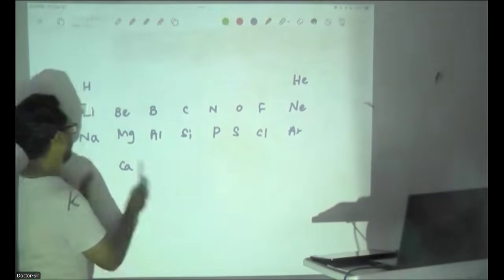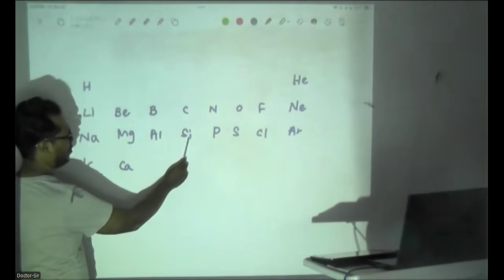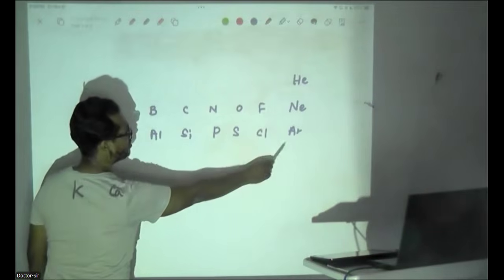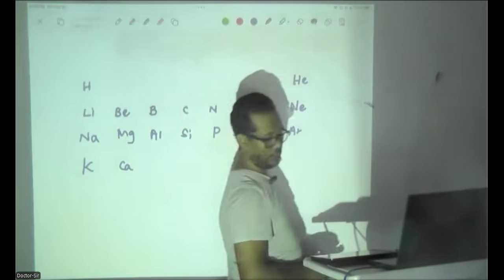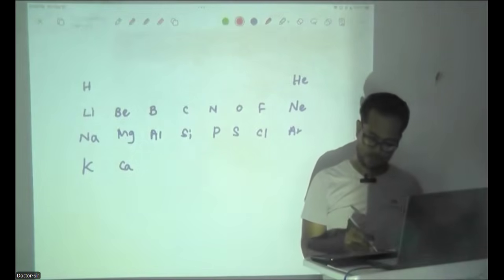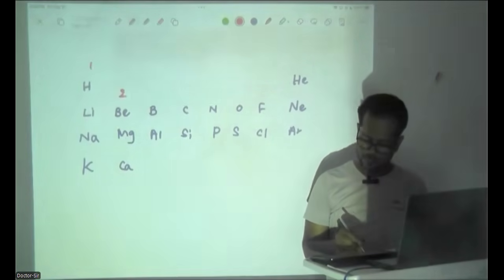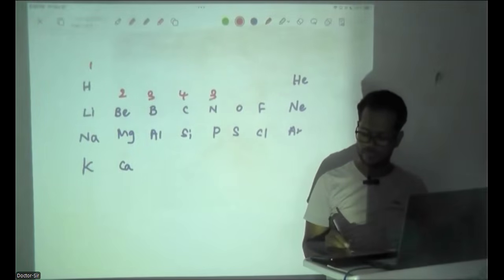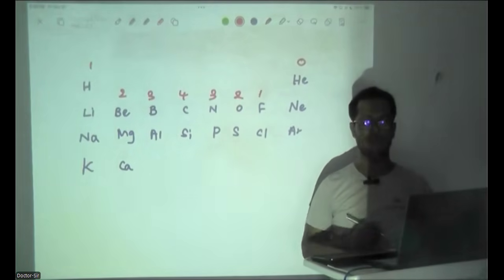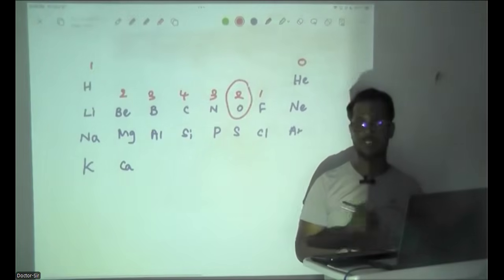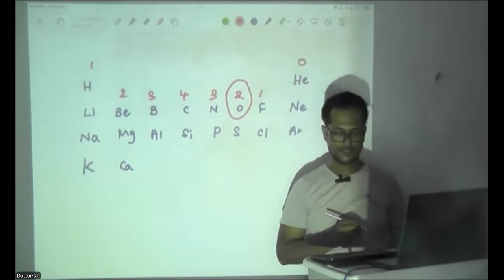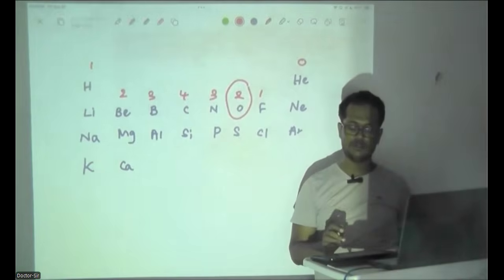That will give rise to the valencies. Now we can identify the valency of oxygen, which we can find out is 2.